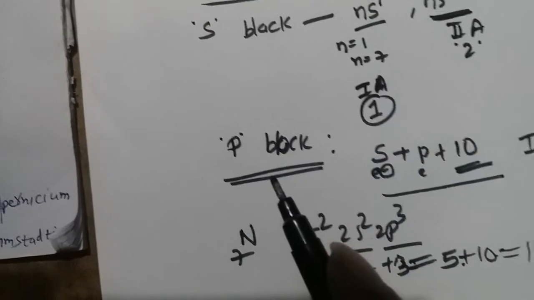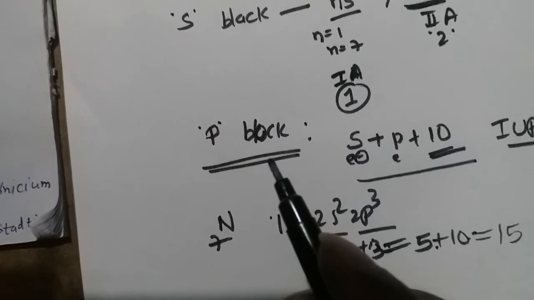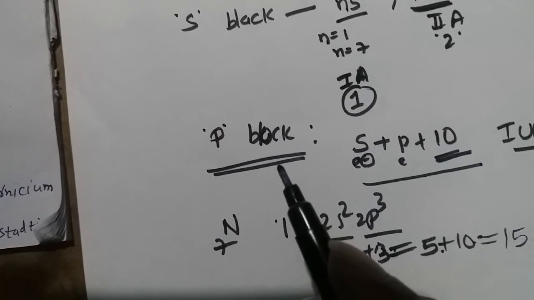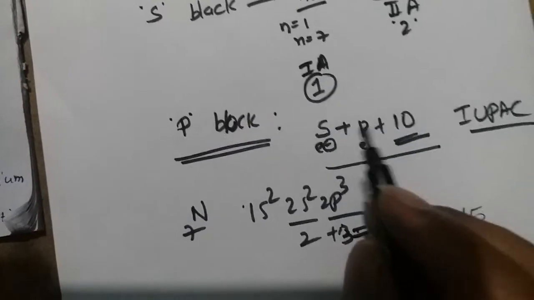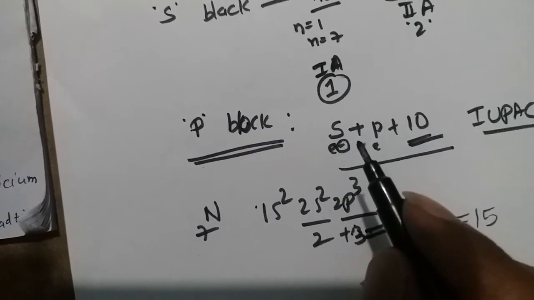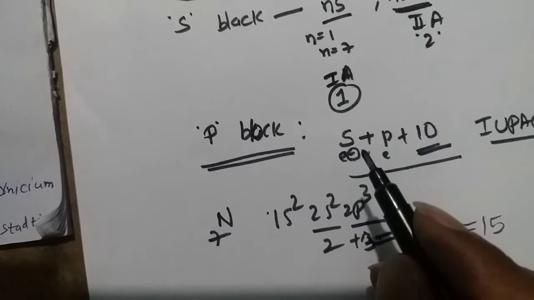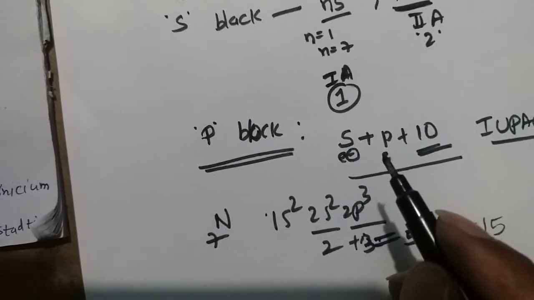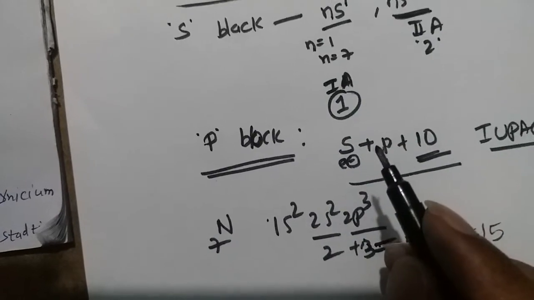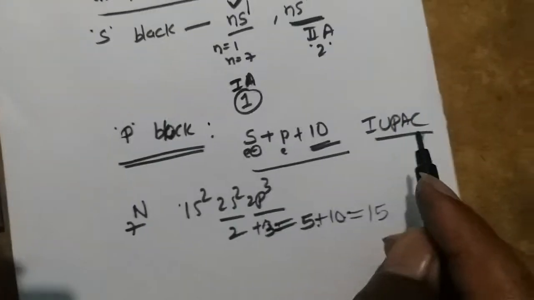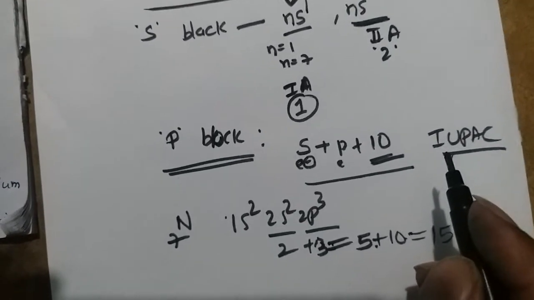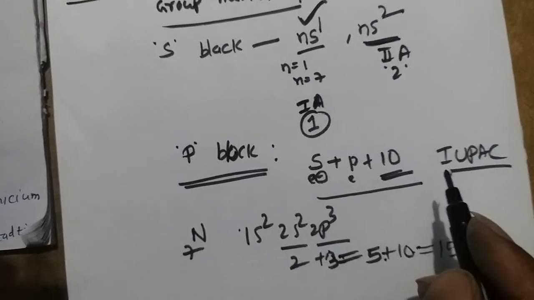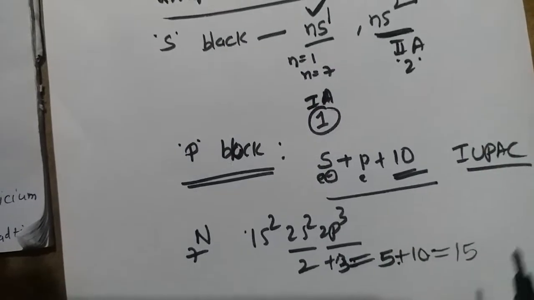After writing its electron configuration, count the S electrons and P electrons in the valence shell and add them. To this number, add 10, and you will get the P block element's group number according to IUPAC.